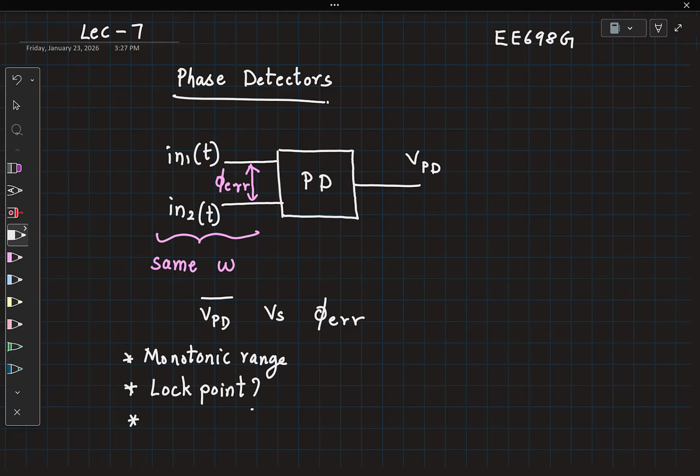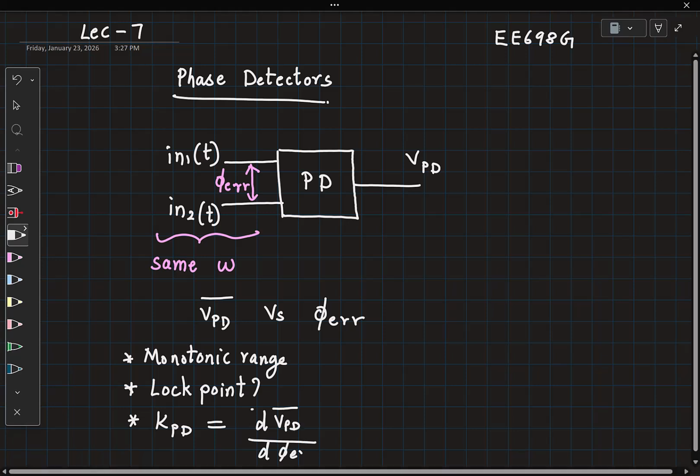We also defined a small signal gain parameter for the phase detector, called KPD. What is the expression of KPD? It is the derivative of average VPD with respect to the phase error.